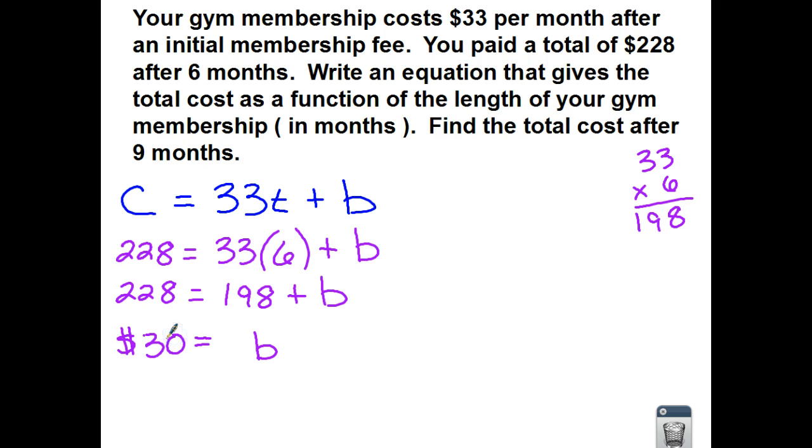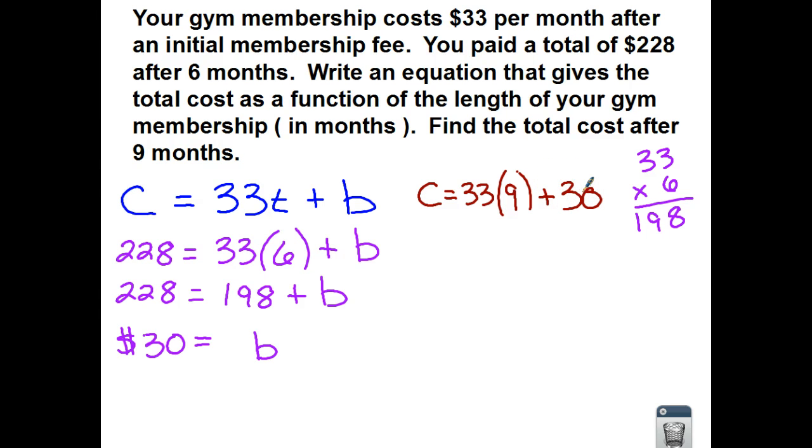Now I think I have enough information to figure out what it's going to cost me for 9 months in this particular gym. So now we have C, the cost, is going to equal 33 times the 9 months, and then added to the initial starting fee, which was $30.